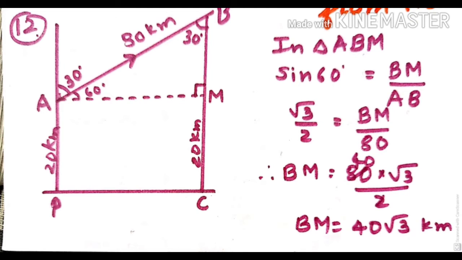Now calculate the height of the rocket when it is at point B. You want to calculate the whole distance BC, the actual vertical distance BC from point C to where the rocket has reached, that is, the height of the rocket.